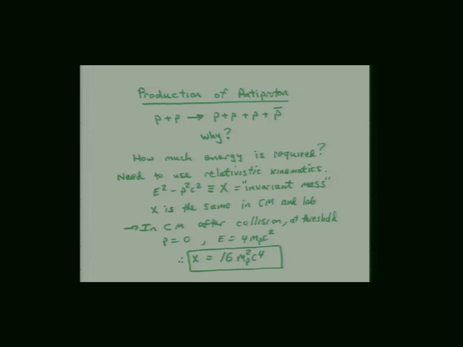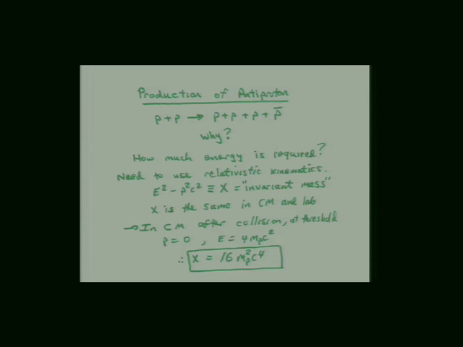If you remember the way energy is defined, E squared is P squared C squared plus M0 squared C to the fourth. That's what we call the relativistic total energy. So if I take E squared and subtract P squared C squared from it, I get the mass of whatever system I'm talking about. And it turns out that mass doesn't depend on which reference frame I measure it in. That's why it's called the invariant mass.